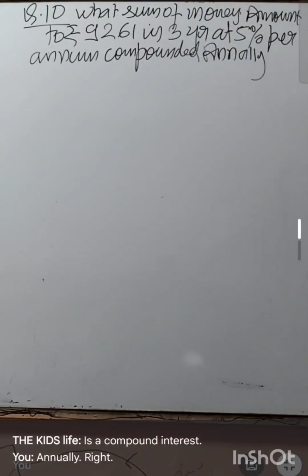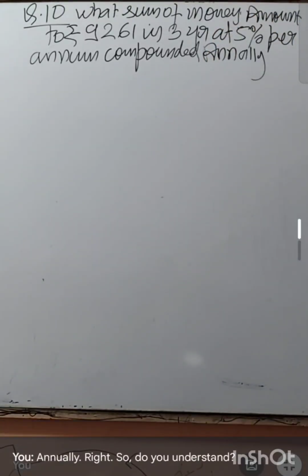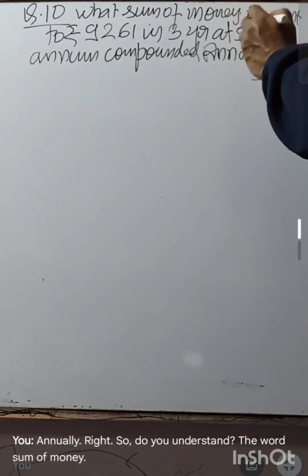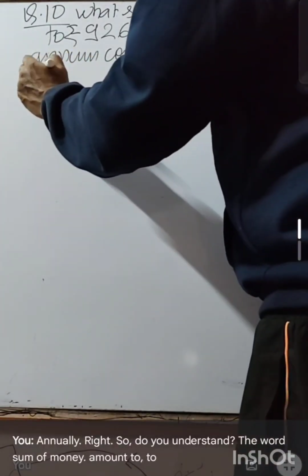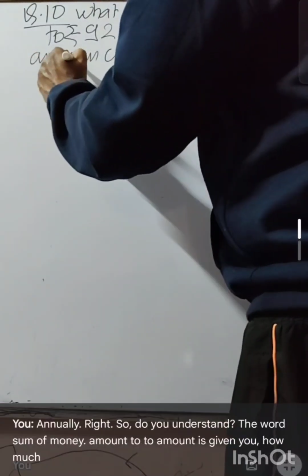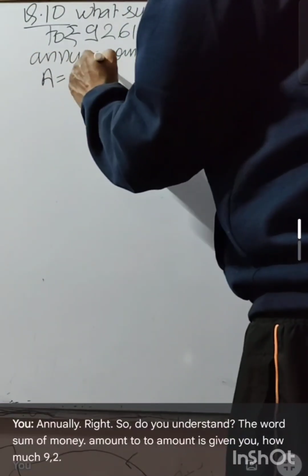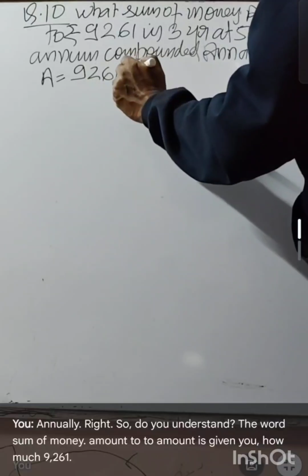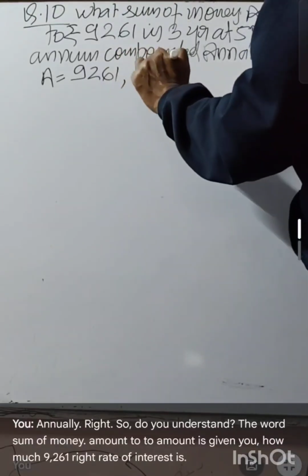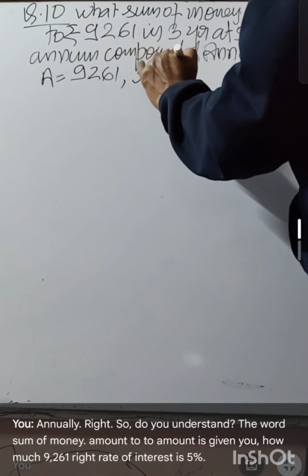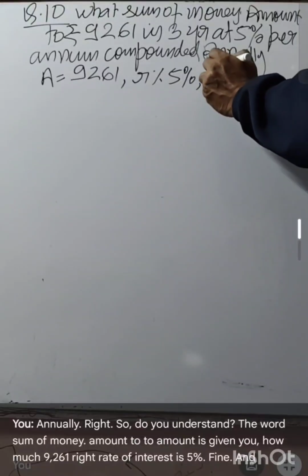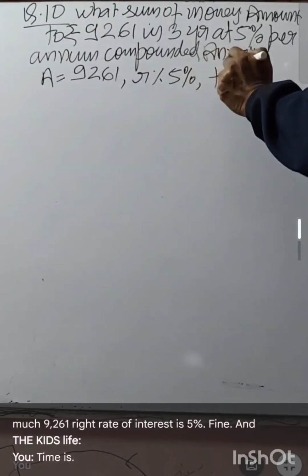Right. So, do you understand? What sum of money amounts to? So, the amount is given as how much? 9,261. Right. Rate of interest is 5%, and time is 3 years.